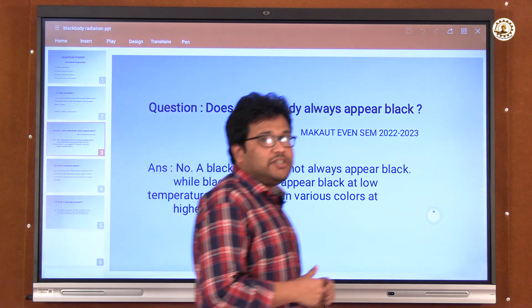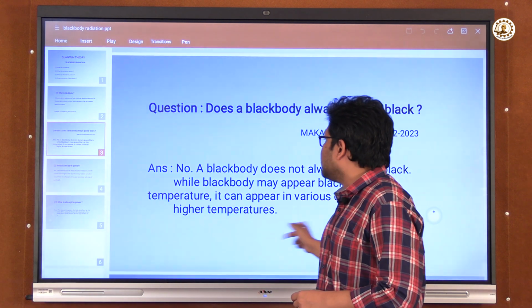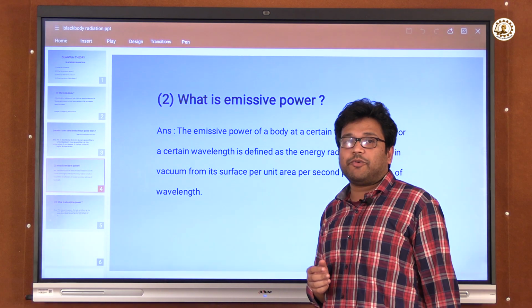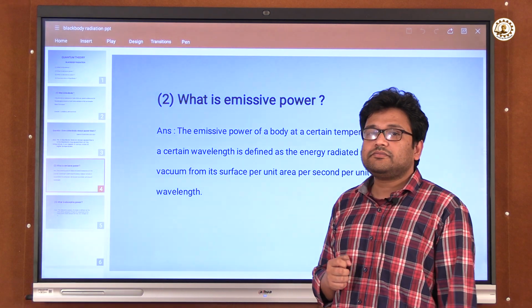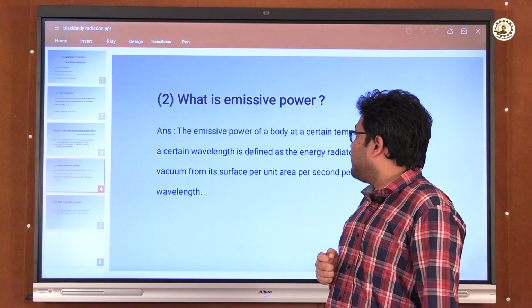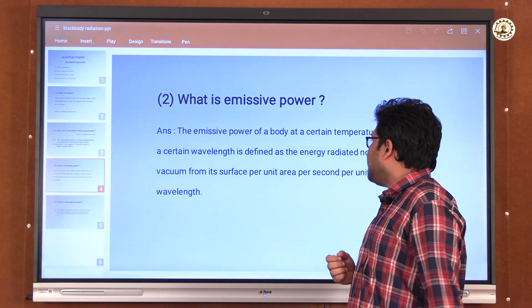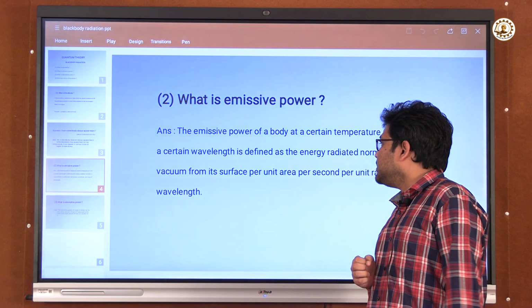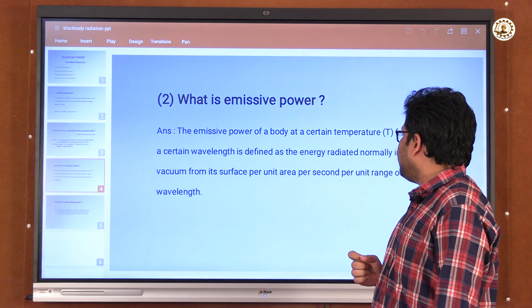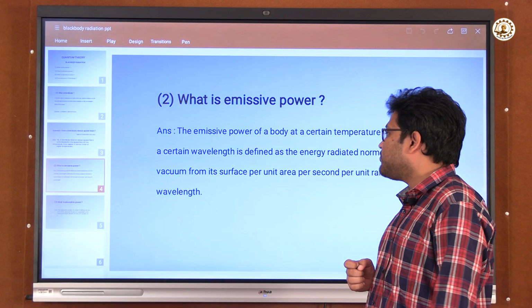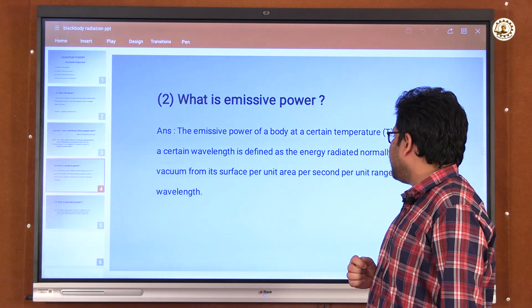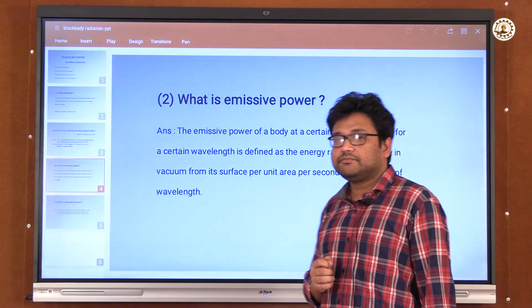Now our second question is, what is the emissive power of a black body or any substance? The emissive power of any body at a certain temperature for a certain wavelength is defined as the energy radiated normally to the vacuum from the surface per unit area, per unit second, per unit range of wavelength.